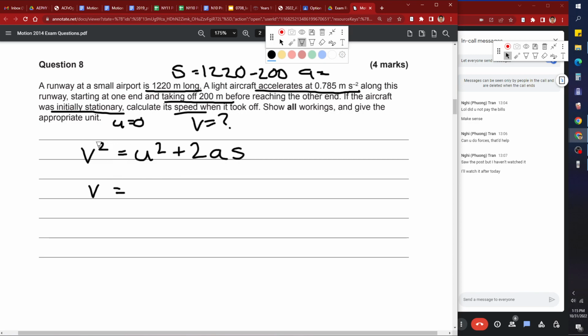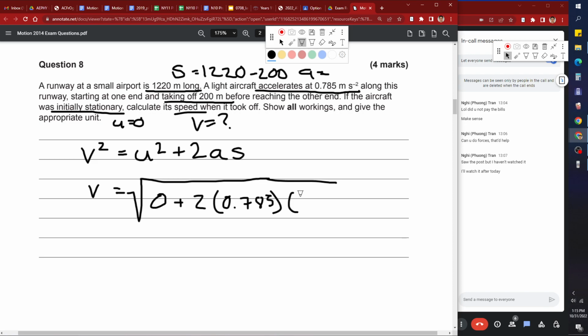Well, this is squared, so we're going to have to take the square root of the whole other side. That's 0 because it started from rest, plus 2 times our acceleration here. And then our displacement is really going to be that much, which is only 1020 meters. Okay.